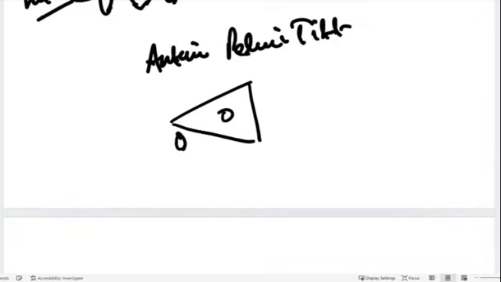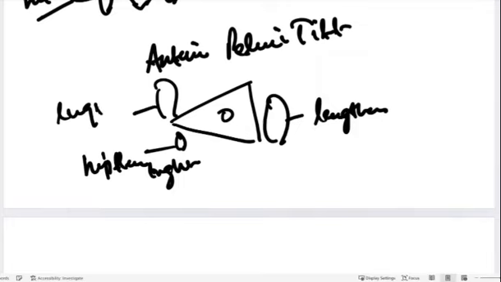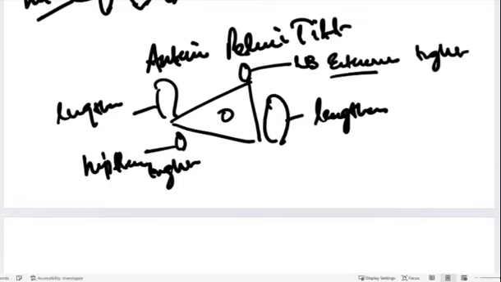What happens here is that your hip flexors now become tight, your hip extensors have lengthened, your abdominals have lengthened, and your low back extensors have become tight as well. And at the spine, what you would see is a lordosis that is developing.